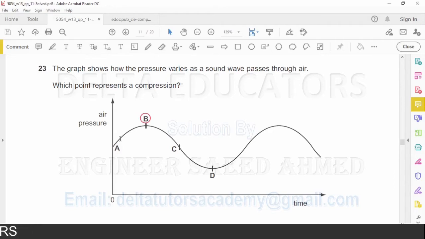From the graph it is clear that air pressure is maximum at point B and minimum at point D. So point B represents compression, whereas point D represents rarefaction. Here it is asked which point represents compression. So point B represents compression where air pressure is maximum. So the correct option, option B.